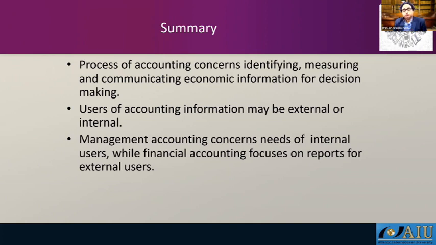Obviously, taxation authorities or consumers would be interested in finding out how much profit the company has earned during the current year, but they would not be interested in the company's internal budgets or production plans, or any budgetary or variance reports, where they're trying to keep the cost under control.